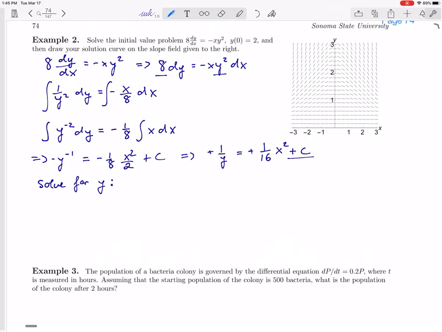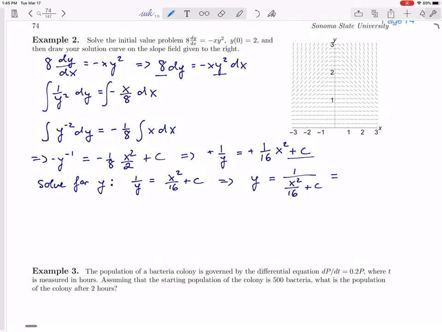So when I solve for y, I have 1 over y is equal to x squared over 16 plus c. I can take the reciprocal on both sides and get y over 1 is equal to 1 over x squared over 16 plus c.